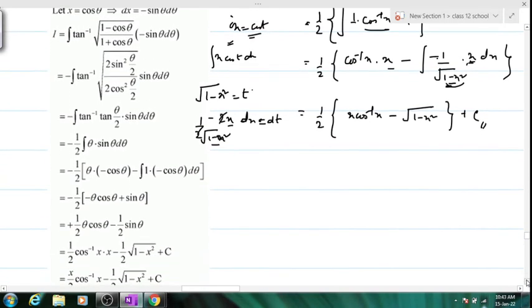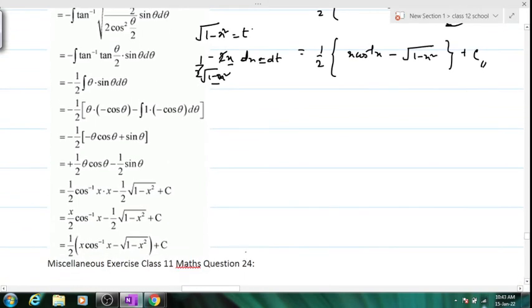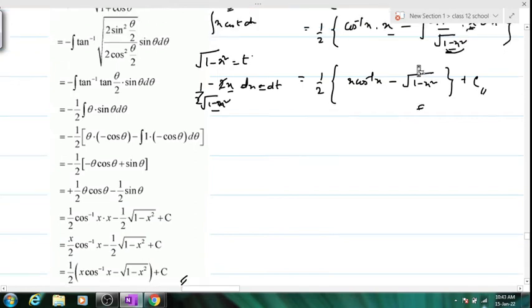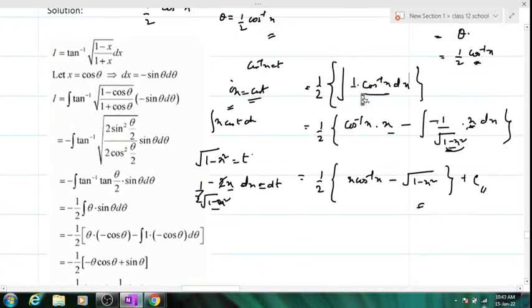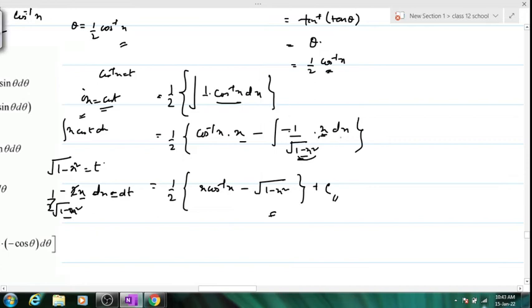Is it clear? See, you can do it this big also. Our answers are same. Yes. This one. Look, I'll take root over 1 minus x square as t. Okay? Substitution. So what is the differentiation of this thing? 1 by 2 root x, yes or no?